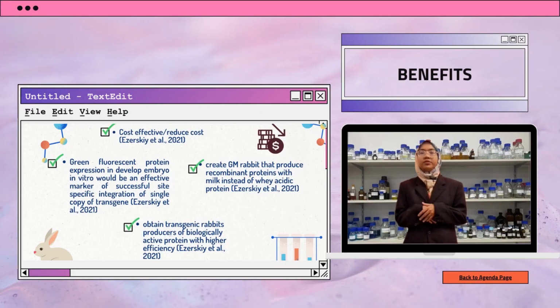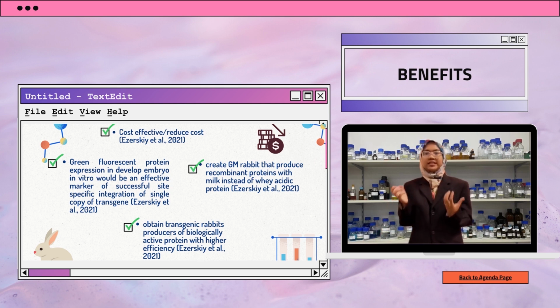So the benefit of CRISPR-Cas9 in genetically modified rabbit is that it is more cost effective, which means it can reduce the costs compared to other biological or chemical production techniques. Next, by using this CRISPR-Cas9 technique, the green fluorescent protein expression in a developing embryo in vitro would be an effective marker of successful site-specific integration of a single copy of the transgene.